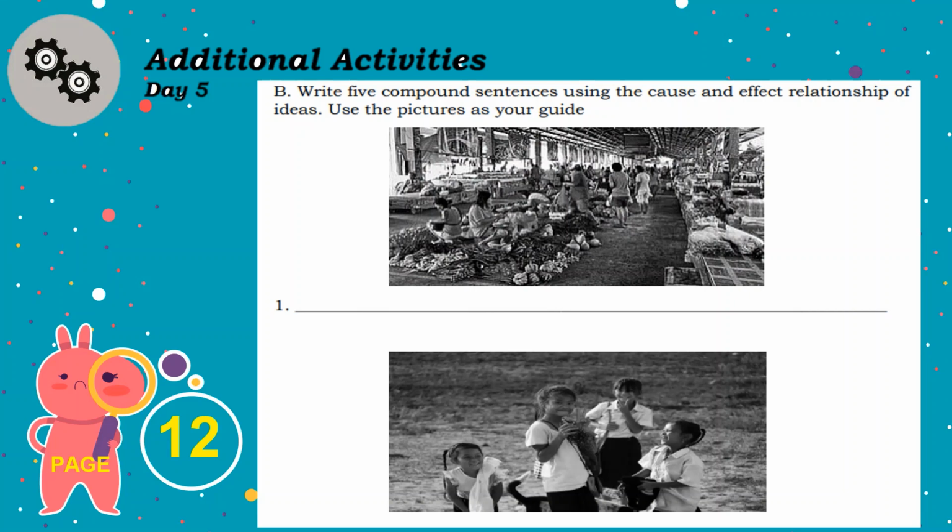For letter B, write 5 compound sentences using the cause and effect relationship of ideas. Use the pictures as your guide. Write only one sentence for each picture.